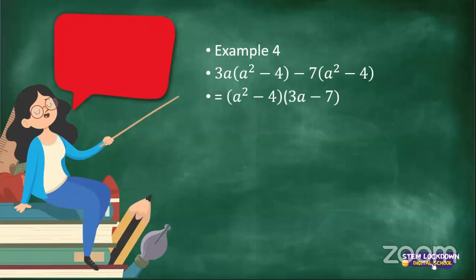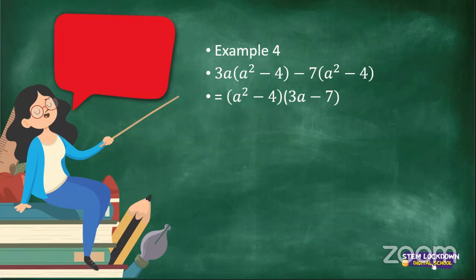And then you can factorize that as well. You'll have 2 brackets, a minus 2 into a plus 2. I'm talking about this term here, a squared minus 4. This becomes a minus 2 into a plus 2, and then into 3a minus 7. So that's how you factorize the expressions.